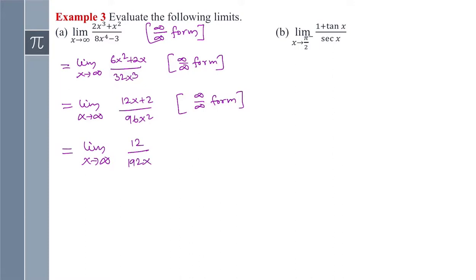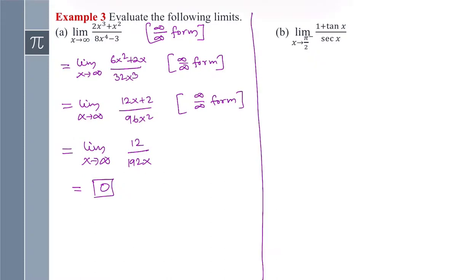Now we don't have x anymore in the numerator, so this is basically 12 divided by 192 times a really large number, which is approximately infinity. 12 divided by a large number is approximately 0, so this approaches 0. So that is the limit.